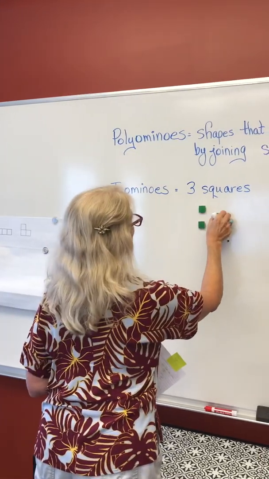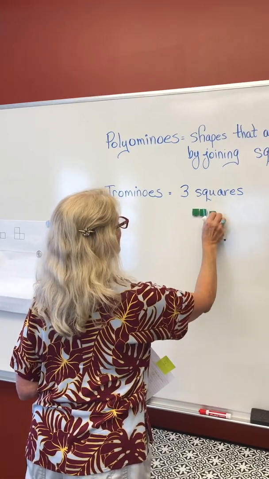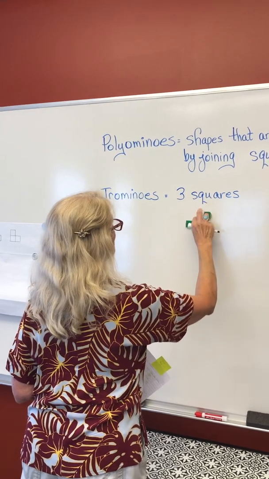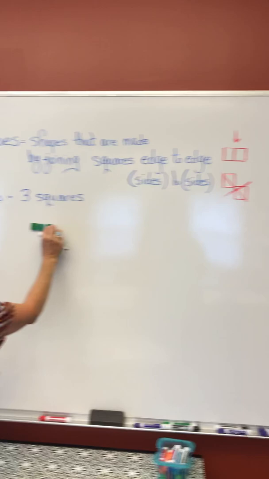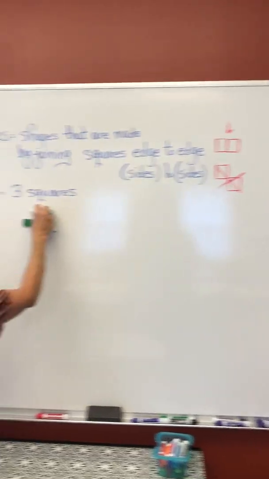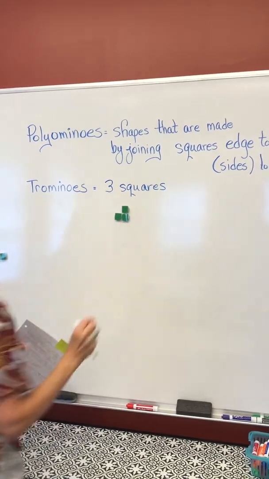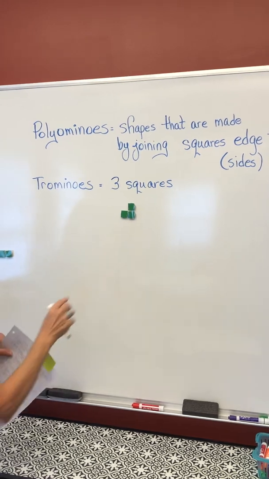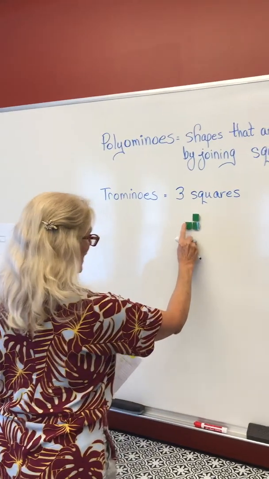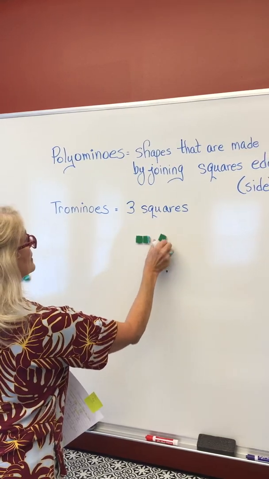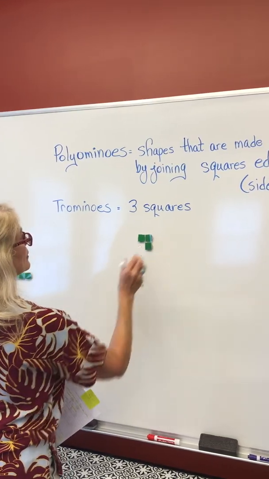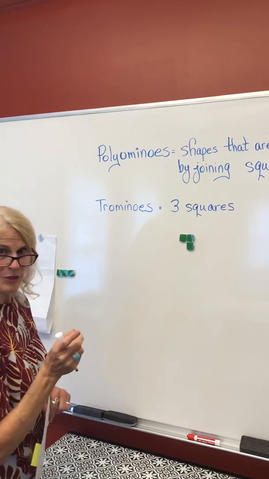But let's put it back like this again. Can I make another one by joining edge to edge? Well, I could move one of these here. Now, it makes it look like a chair, doesn't it? But this is another shape that we would have as a tromino. I could also put this underneath here, but it's still the same shape, isn't it?